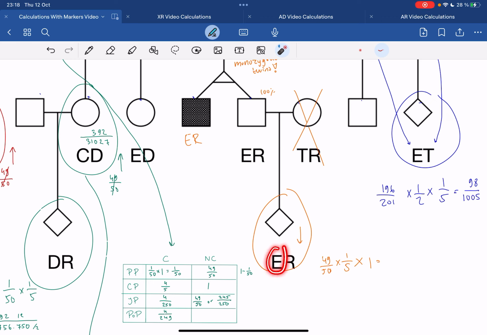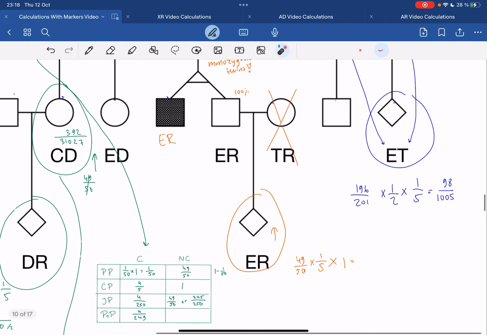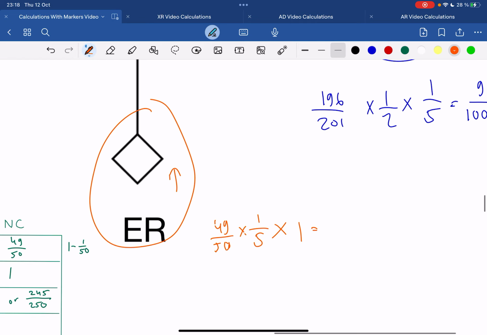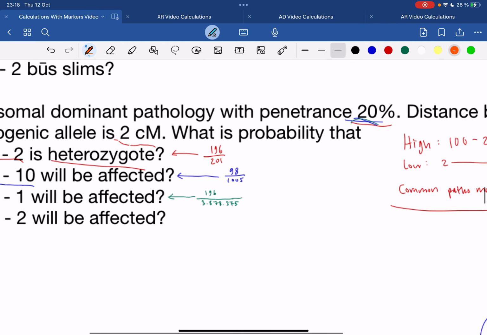And there's a low risk that this E is actually a healthy R undercover. So therefore, we would have a high risk that this child is affected because the E does represent unhealthy alleles. So we would go according to the high risk chart. So that would be 49 over 250. And that is our answer here.